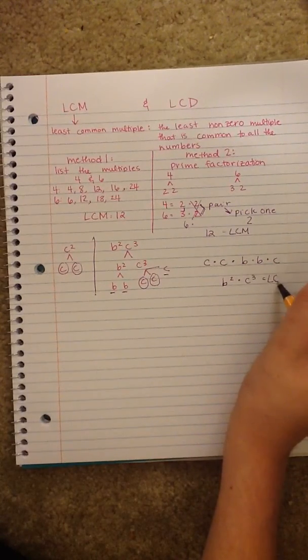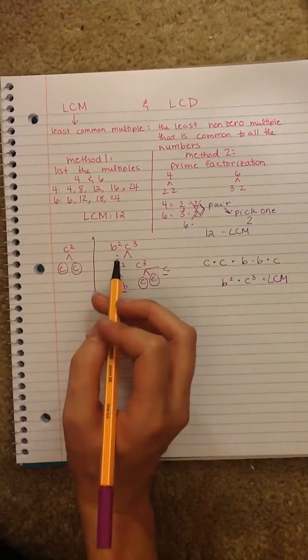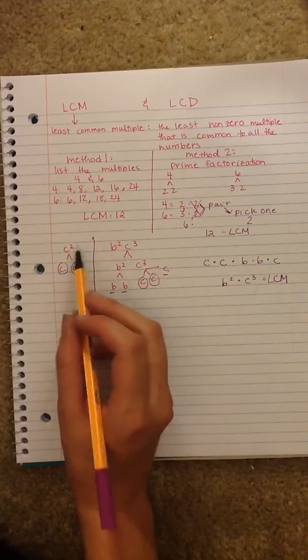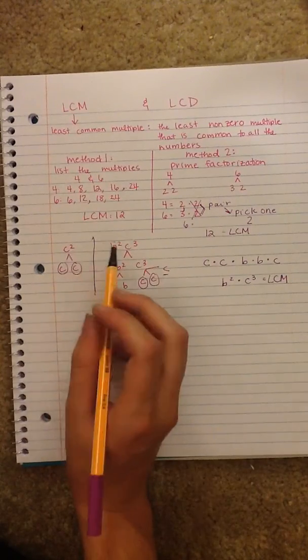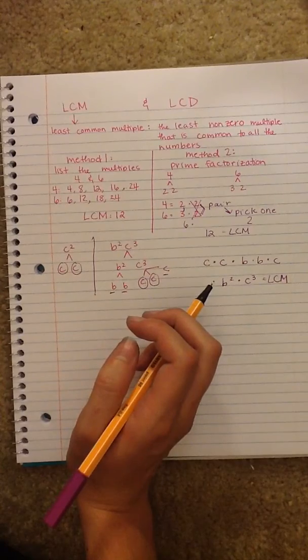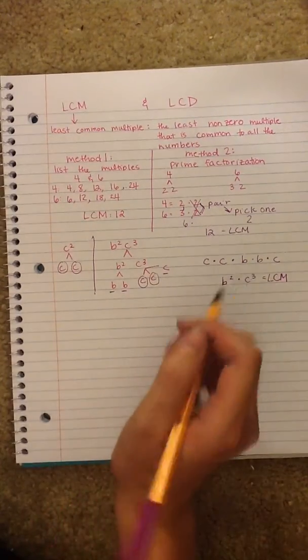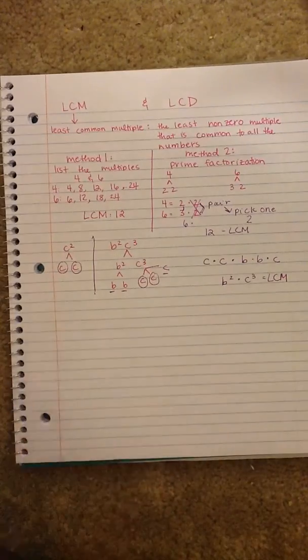This is my LCM. Yes, it is the same as this. That's okay. If I wanted this c squared to look like this is what I would need to add in. So this is my least common multiple. Those are pretty much the two kinds of least common multiples you'll see in the homework.